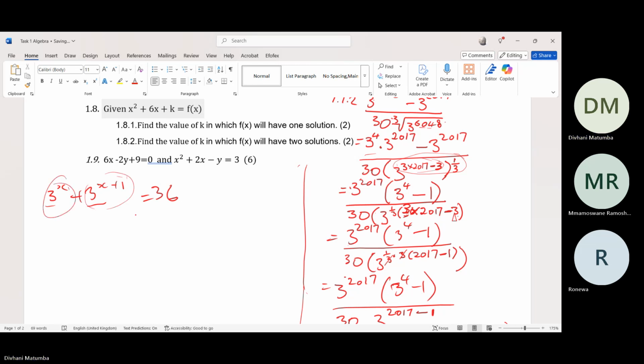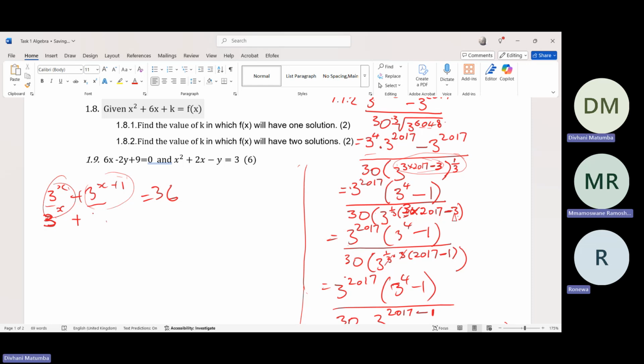Mamswan, are we allowed? No, sir. So what do we do in this case? We have to factorize. Take out the common factor, which is how much? Which is 3 to the power of x.